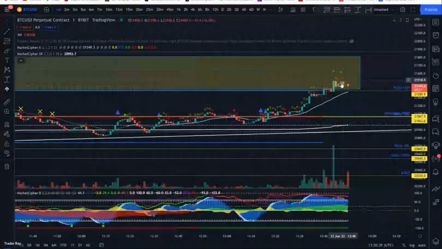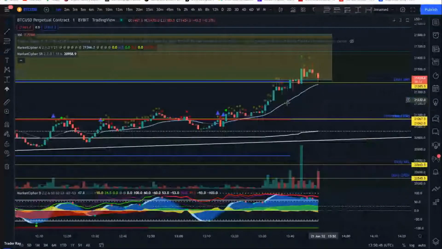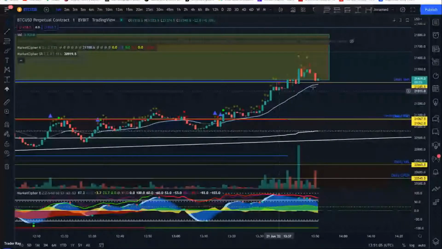Value area high. We are kind of now volume node overbought, but we have this moving average here on the screen. This is moving average number 5 on the Market Cipher A indicator. I like this one a lot. It works a lot as support and resistance. And you can see that the value area high right now is a support at the same time as the moving average is coming in.